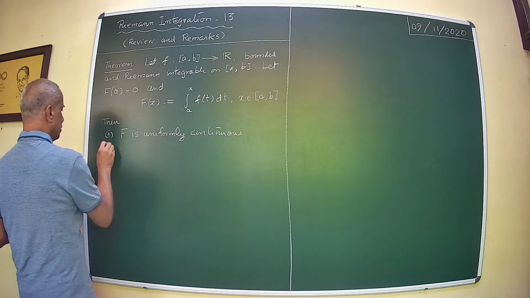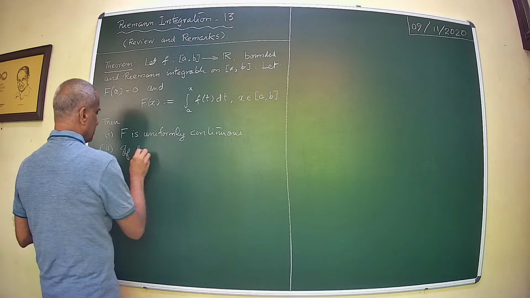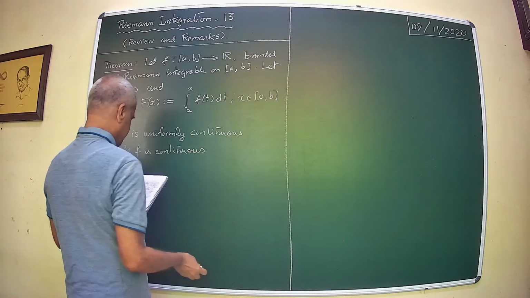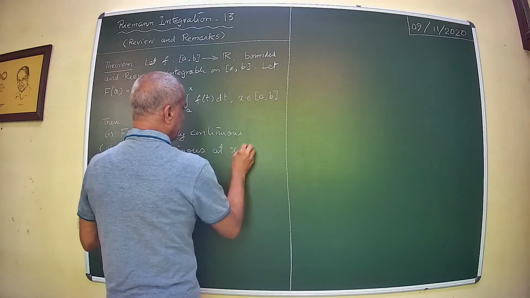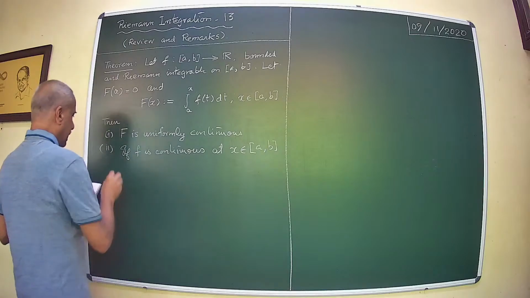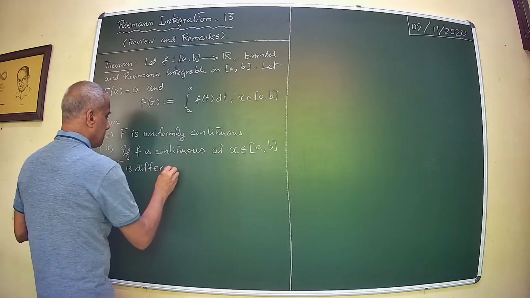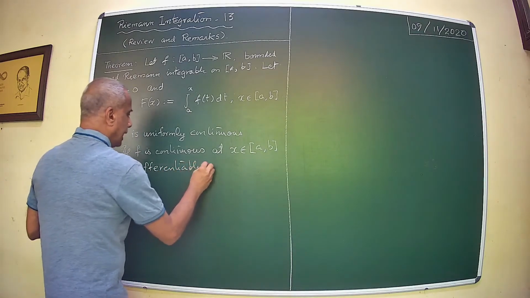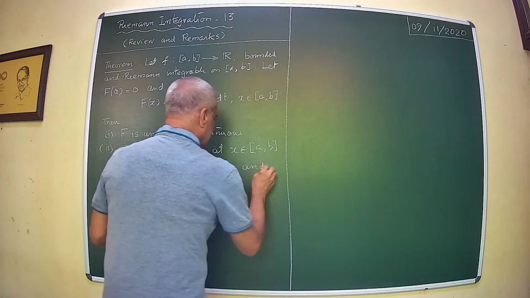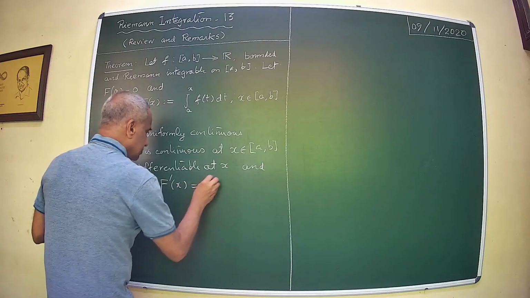Two, if f is continuous at x belonging to [a, b], this is conditional, then capital F is differentiable at x and F'(x) is equal to f(x).